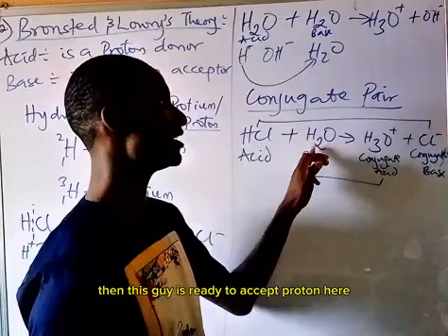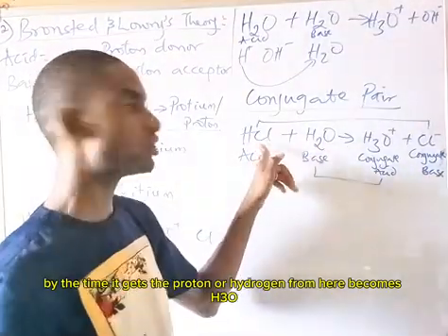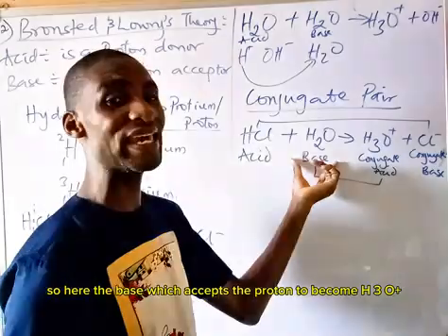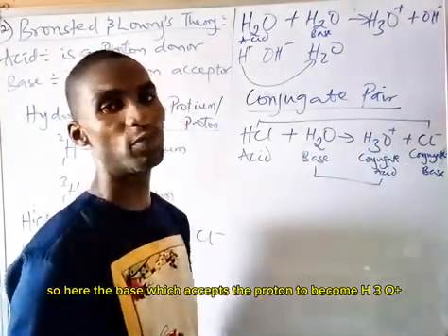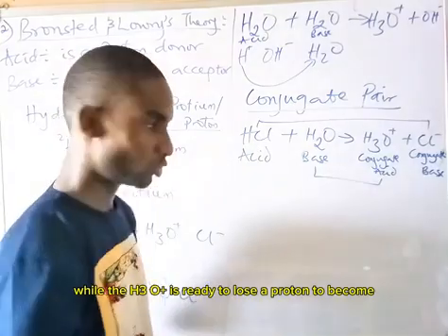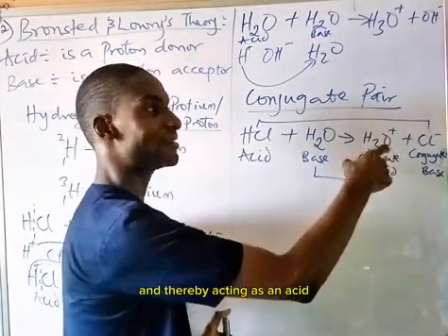Then this guy is ready to accept proton here. By the time he gets the proton or hydrogen from here, it becomes H3O plus. So here, the base accepts the proton to become H3O plus, while the H3O plus is ready to lose a proton, and thereby acts as an acid.